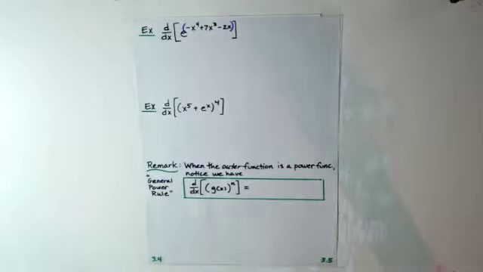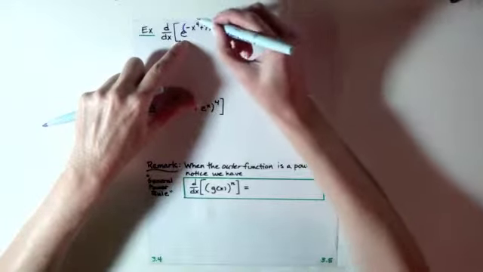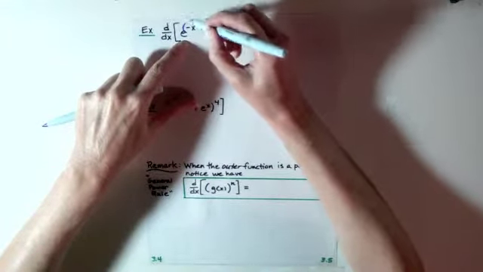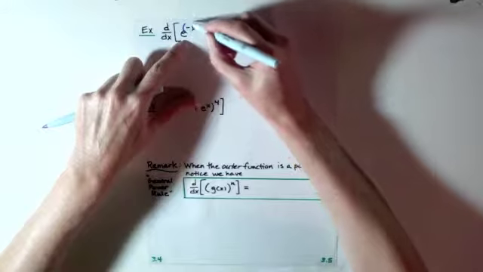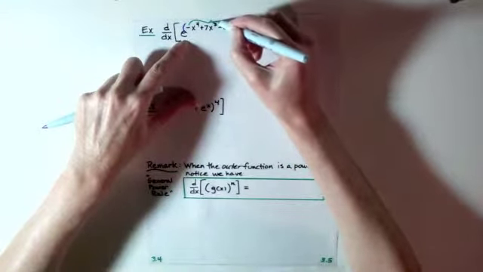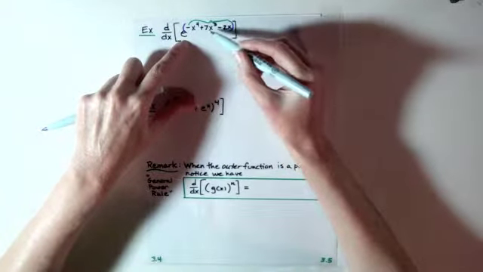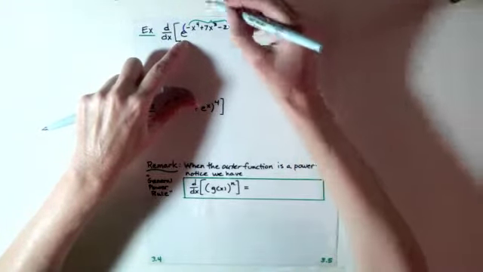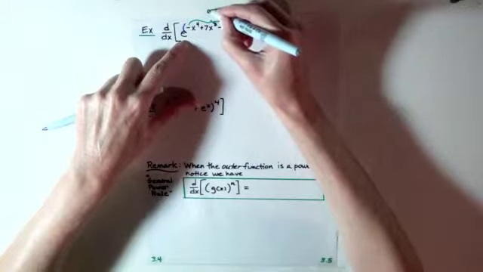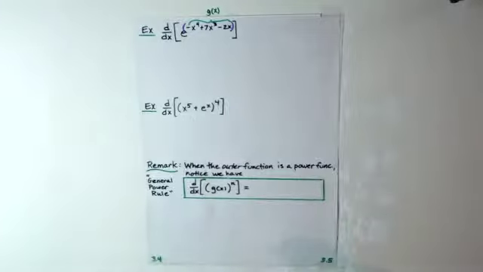It's whatever is up in the exponent. So the inner function, my g in this case, is actually going to be this whole thing. It's going to be negative x to the fourth plus 7x cubed minus 2x. So that is my g of x for this particular problem.